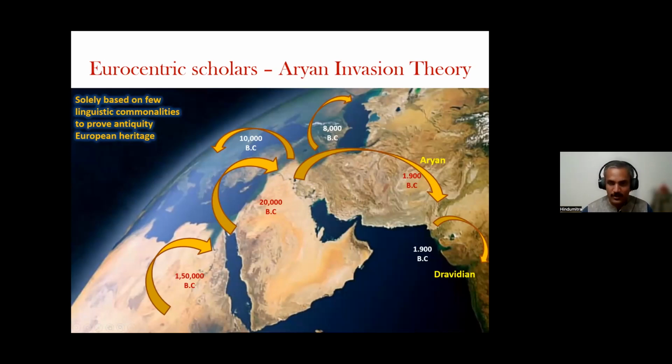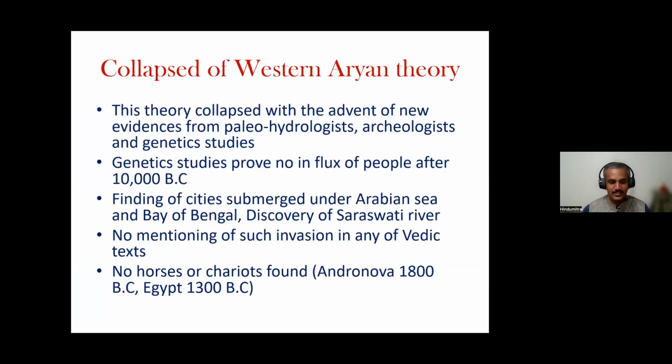technology of domesticating horses or creating a chariot with wheels, because they want to prove that the wheel invention happened in Mesopotamia and do not want to share credit with any other civilization. So that's the basic reason.